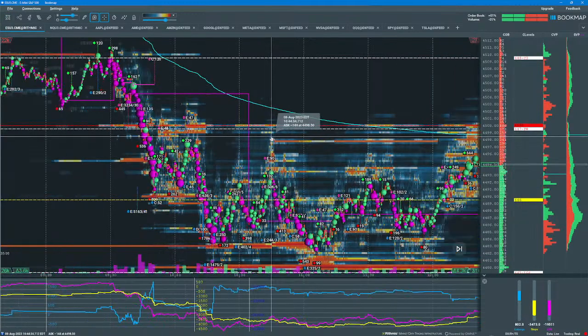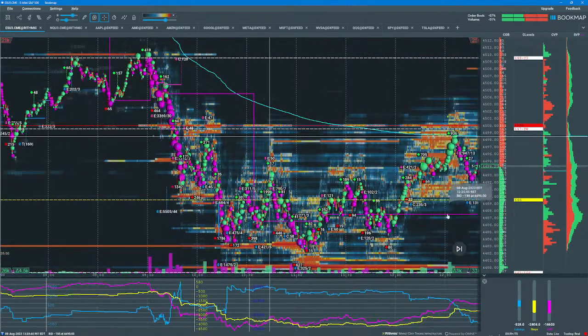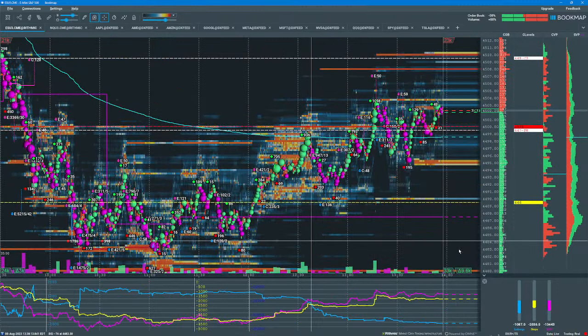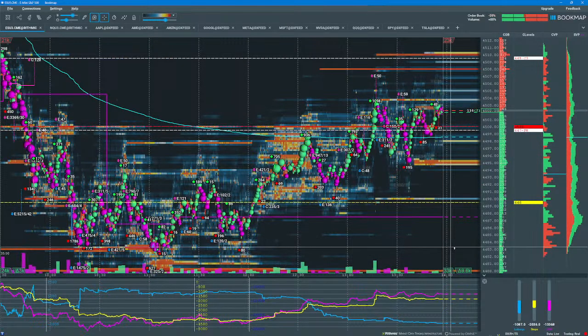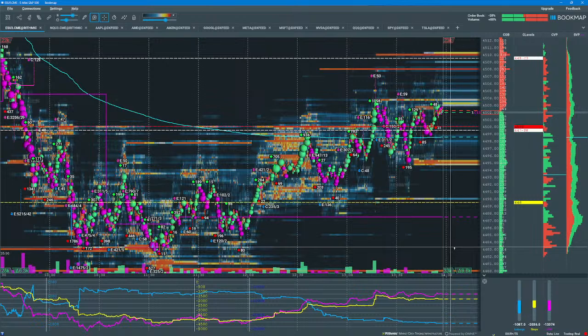All right, so that was the obvious short setup this morning, and now it looks like price consolidated for almost 2 hours, just around and below the SPY 446 level before finally moving higher. So the larger traders with their iceberg orders are finally starting to get paid.